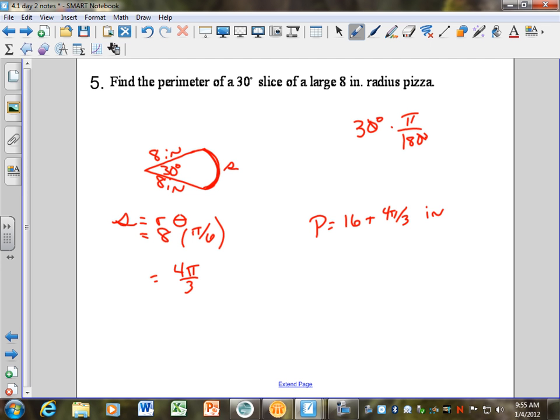Like, how much pizza is that? Because I'm adding up all the edges. I did this on my calculator, 16 plus 4 pi thirds, and rounding to the nearest tenth, I got about 20.2 inches of pizza I'm eating there.